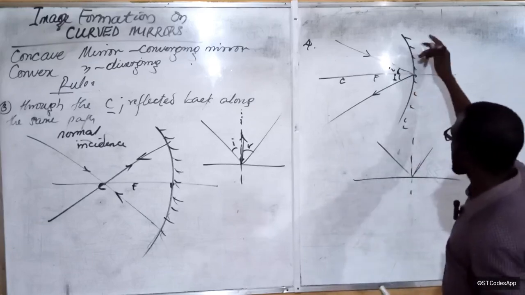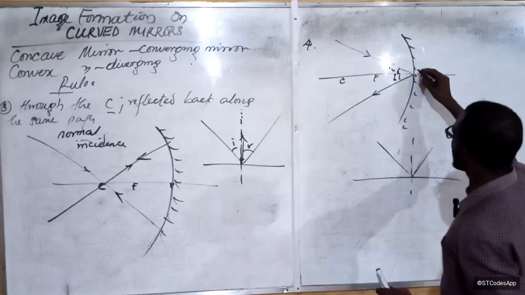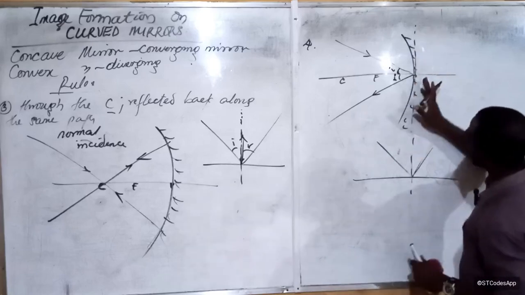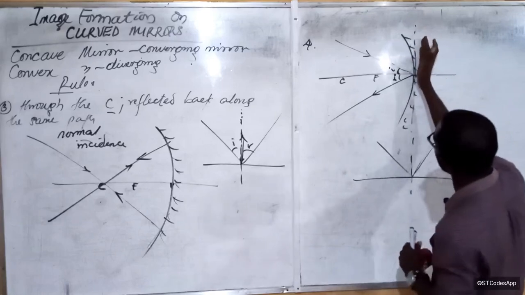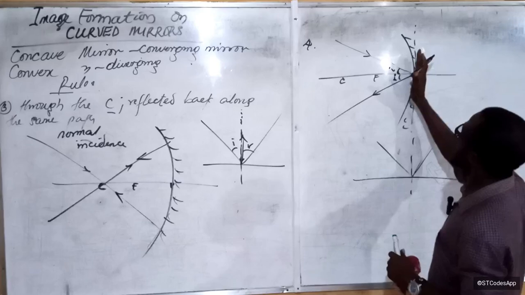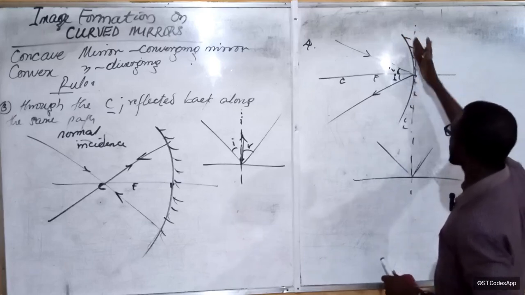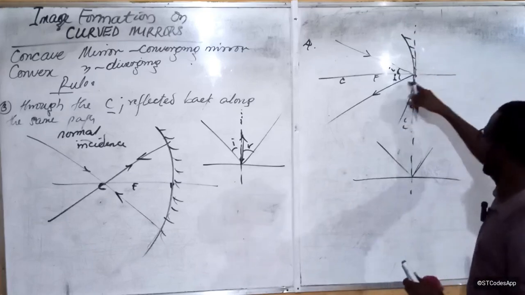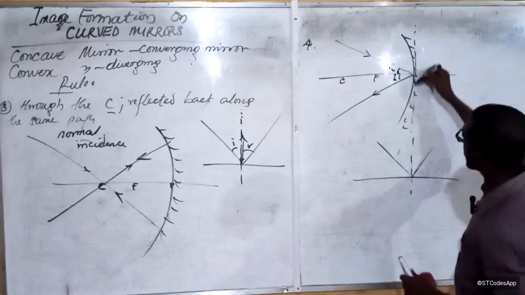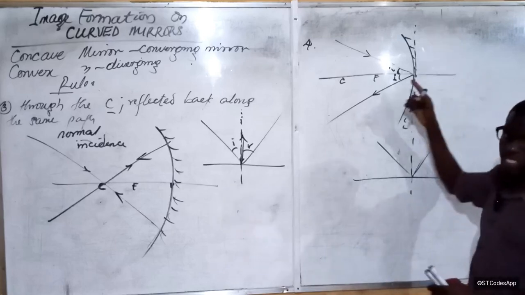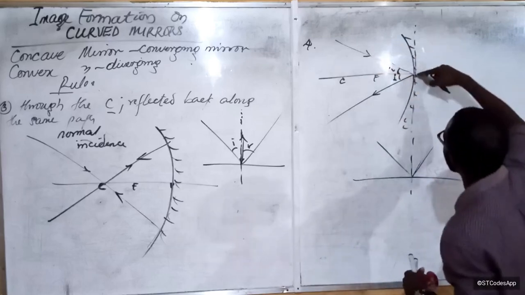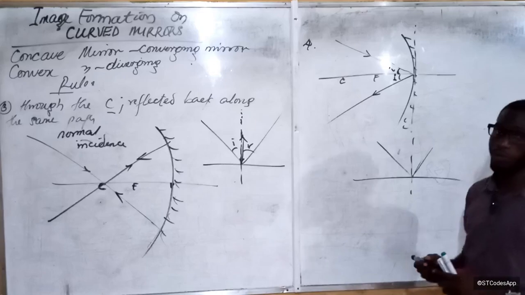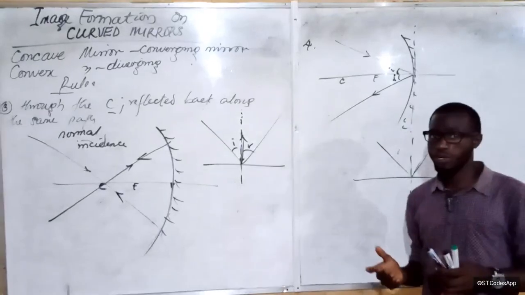But for this one, because it's a curve, you cannot exactly say the direction of the plane, because the plane is going to be a tangent to this curve. So you cannot say exactly at what angle it is touching this line. So you shouldn't use it for accuracy purposes.